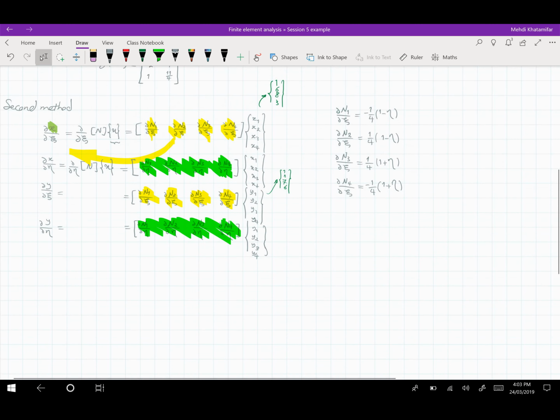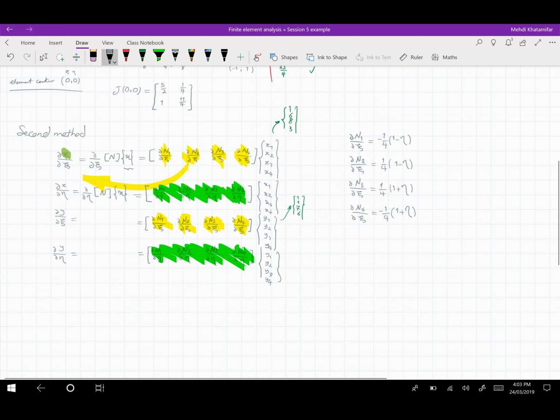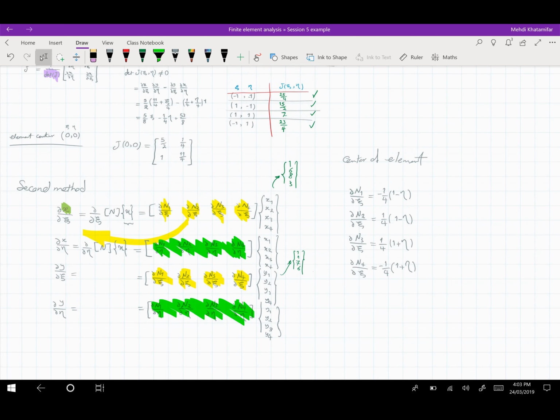Okay, let's find all these values for the center of the element. So 0, 0, the center of the element, because I want to compare the values we found from the previous method with the current one.